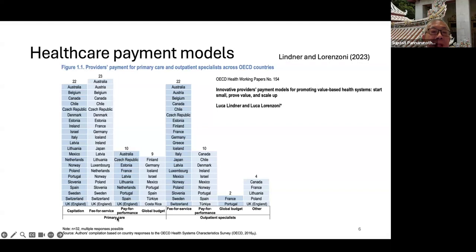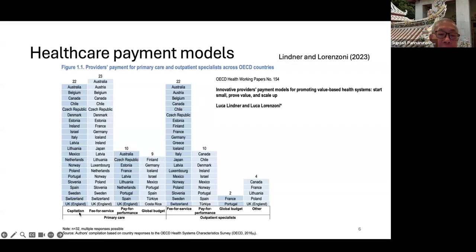This diagram shows the provider payments for primary care and outpatient specialists across the OECD countries, of which there are more than 30 members.